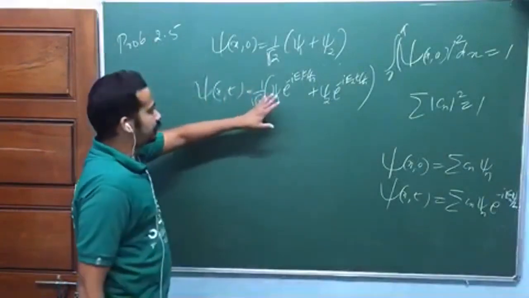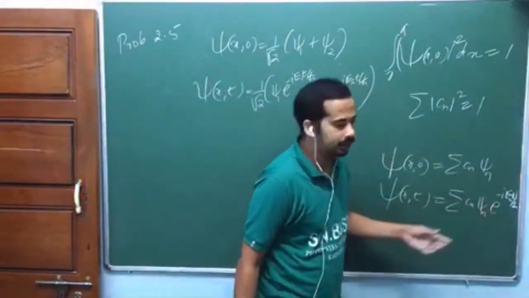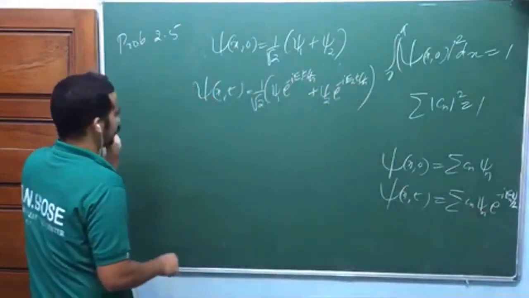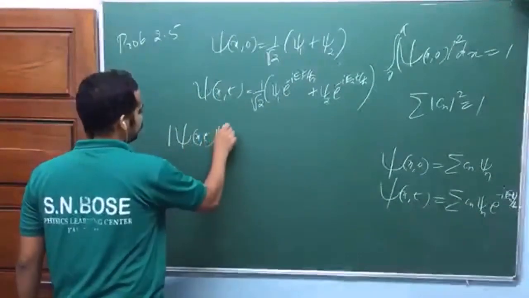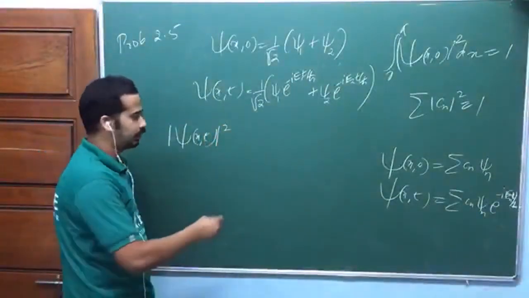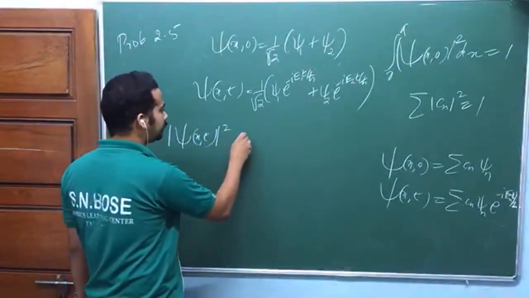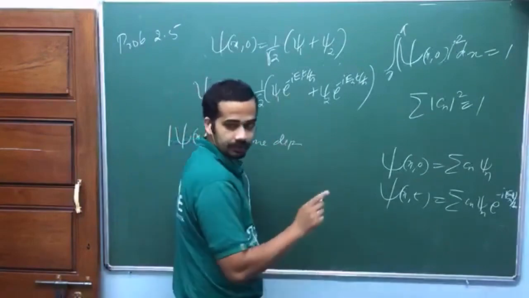Yeah, this is psi of x comma t. Just like you do here, you plug in the time dependent factor. Then find mod psi of x comma t whole square, the probability density at a later time. That will be time dependent. This is not a stationary state.